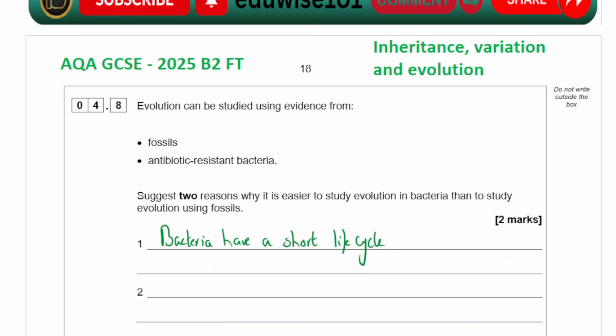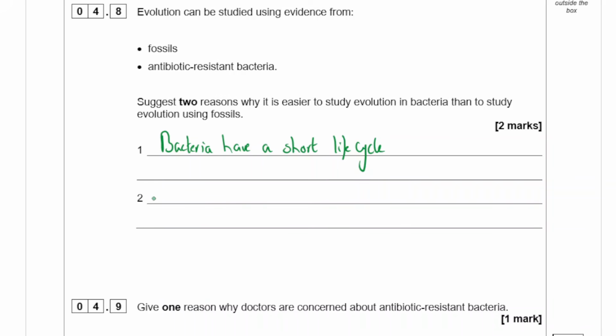So they can actually continuously divide every 20 minutes. And it's very hard to study DNA evidence from fossils. So bacteria, you can study the DNA of bacteria. And you can also say bacteria more easily available than fossils.